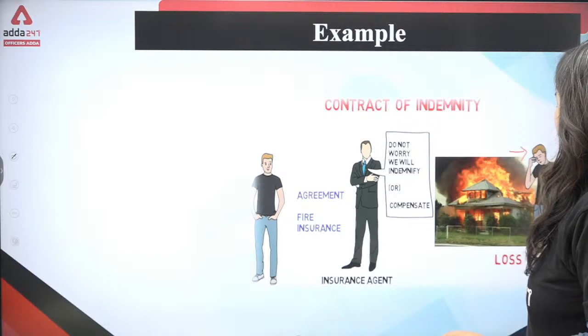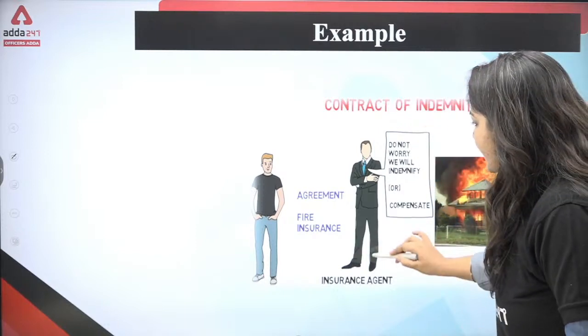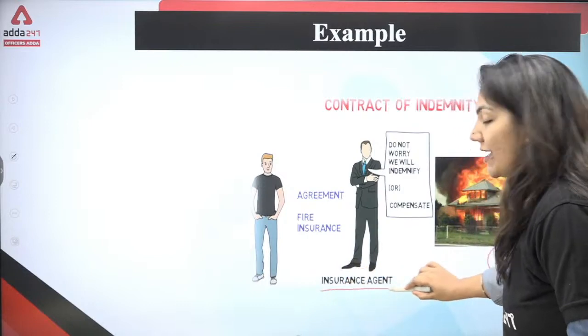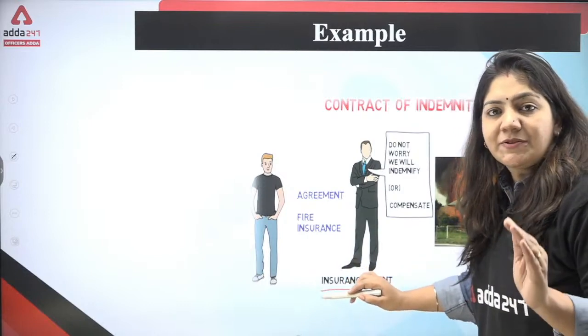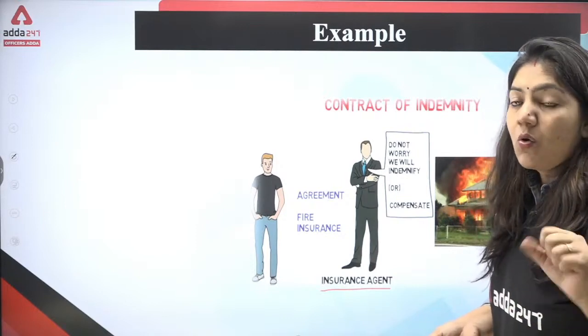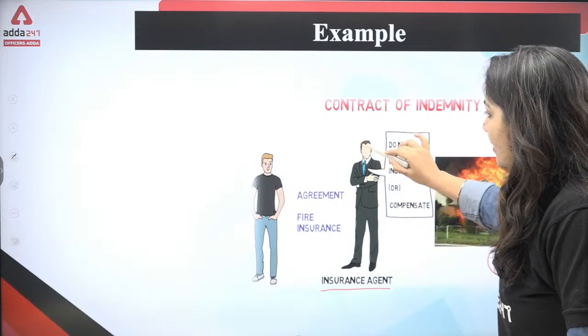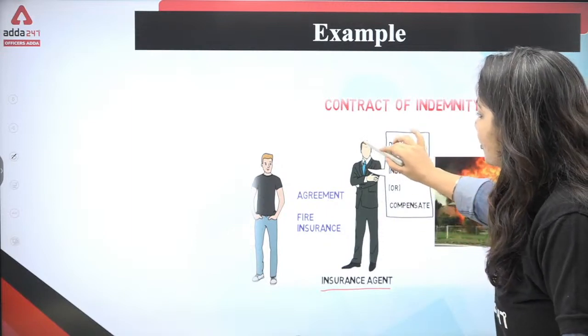Now he is the insurance agent. Agent means the one who works on behalf of the owner. So what is the work of the insurance agent? He will insure something.